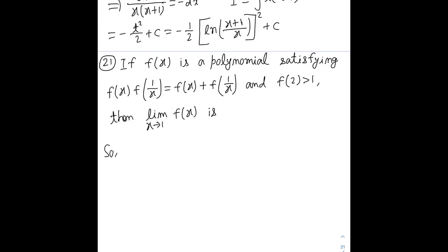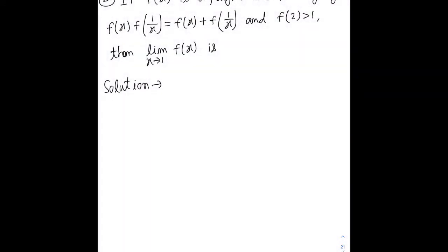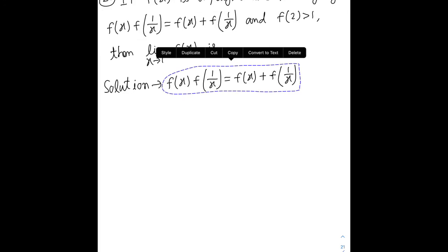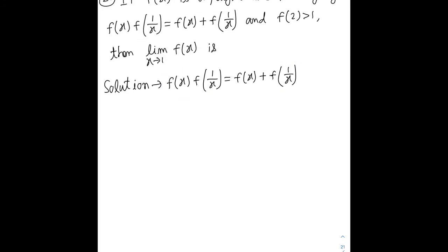So in such expressions, whenever they have given f of x into f of 1 by x equal to f of x plus f of 1 by x, we can take f of x as either x to power n plus 1 or minus of x to power n plus 1.